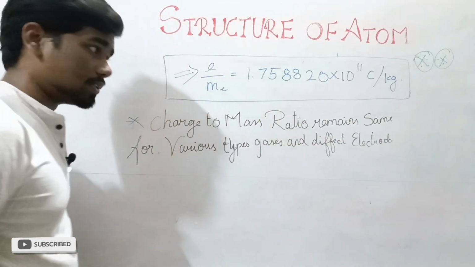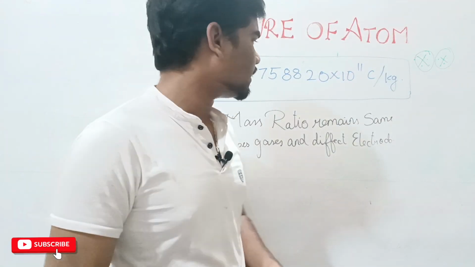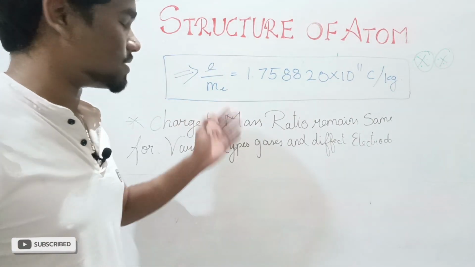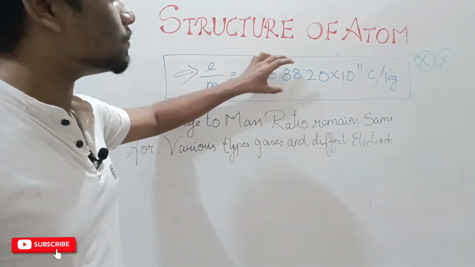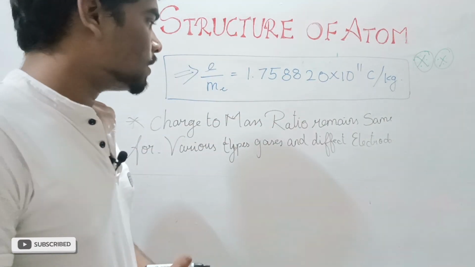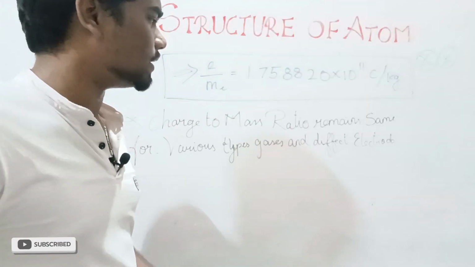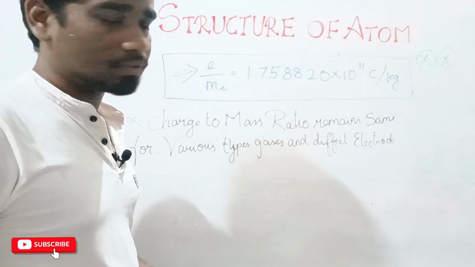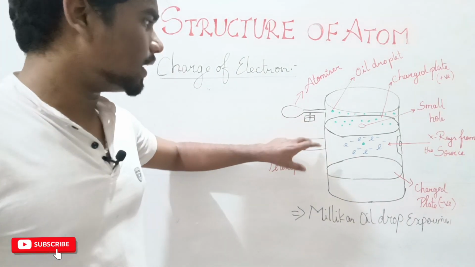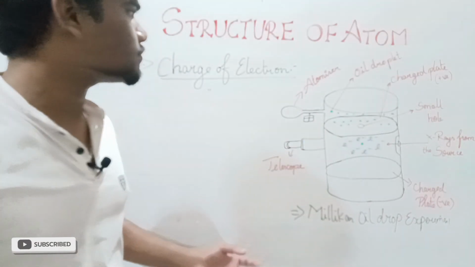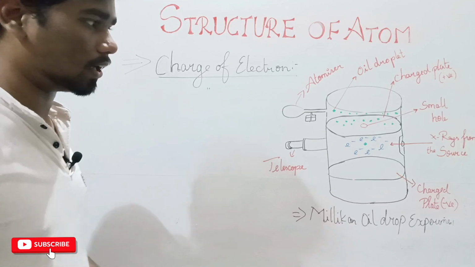So my dear friends, I hope you understand clearly about the charge to mass ratio and how this value has been found out. So now we are moving to the second part of today's session, that is the discovery of the charge of the electron. Dear friends, this is the experimental setup used to determine the charge of the electron.